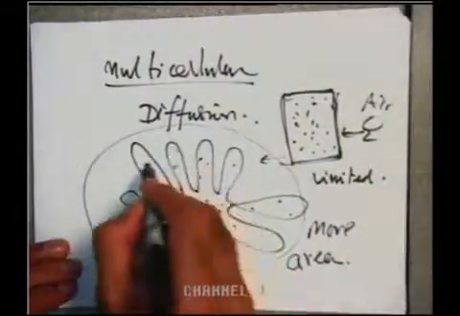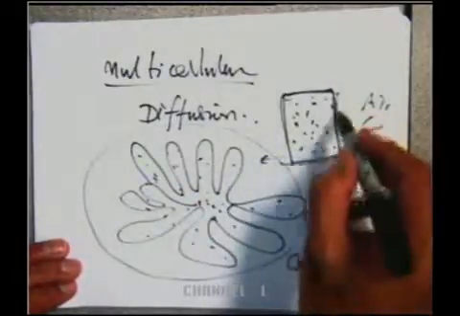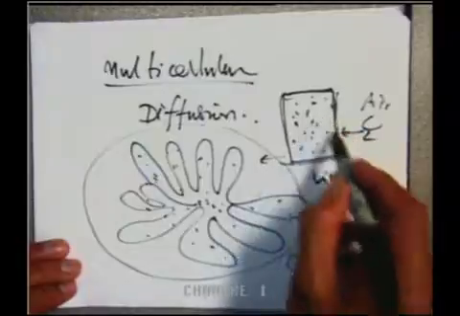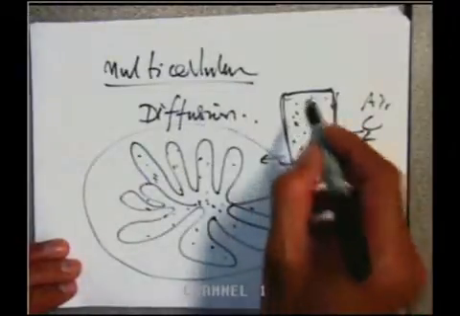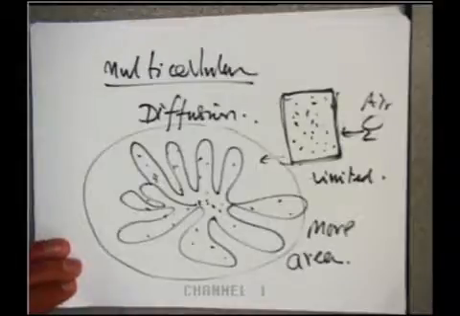Whenever there is a limitation of air on one particular surface area, we cannot get enough oxygen because that is limited. But multicellular organisms require a large amount of oxygen.